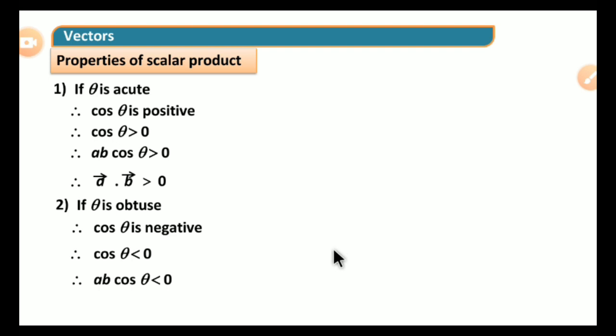Again it is less than 0. Therefore, by the definition of dot product, vector A dot vector B is also less than 0. Students, if theta is an obtuse angle, then definitely the dot product of two vectors is also less than 0. We will go to the next slide.